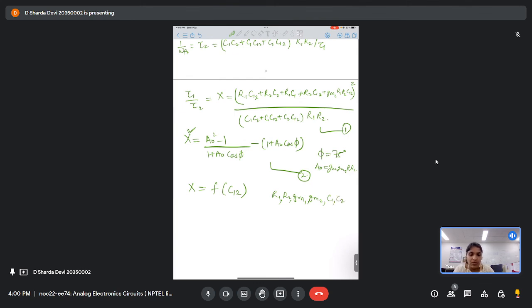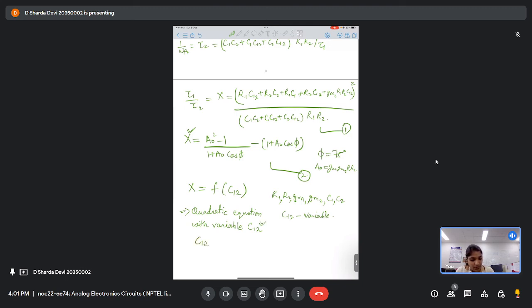We'll substitute all the values and make C12 the variable, and we'll solve an equation. So we'll get a quadratic equation in terms of C12.